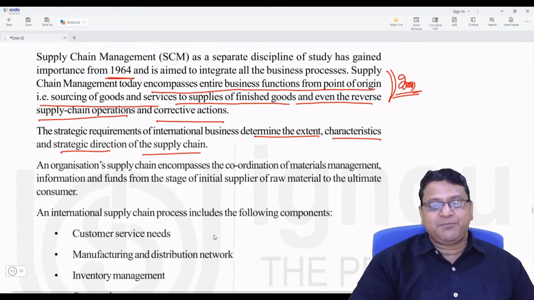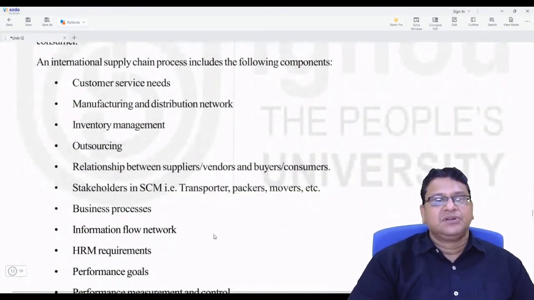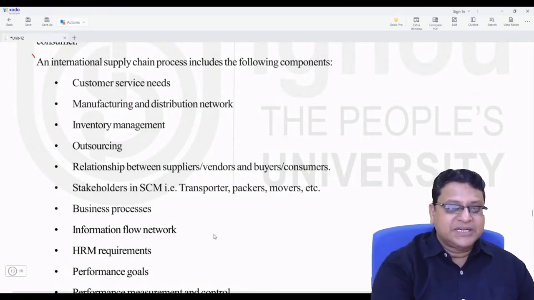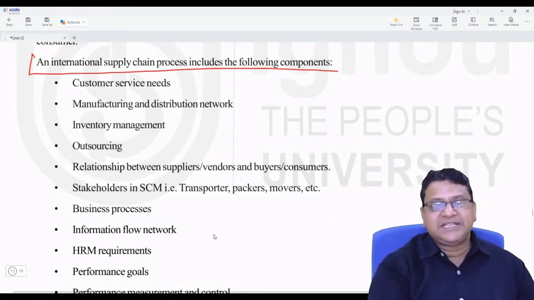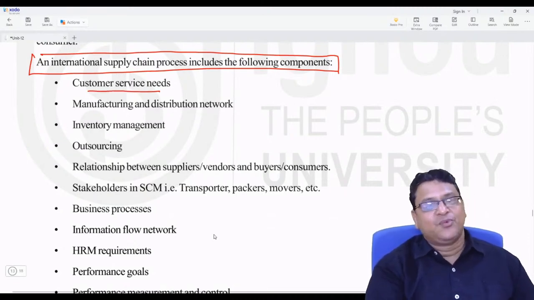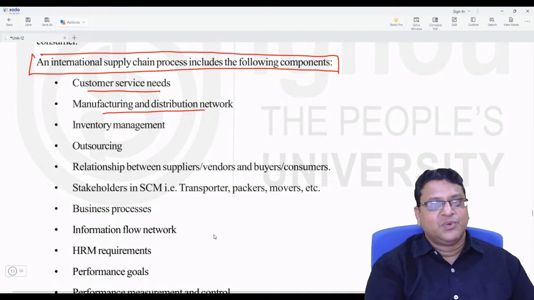International supply chain process involves the following components. In international supply chain management, the following activities are done. First, we have to find out the customer service needs, what the customer wants. Then we have to create manufacturing and distribution networks. We have to go for international inventory management and outsourcing.